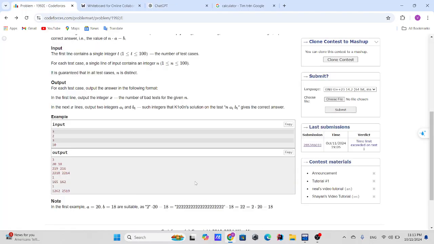The number of bad test cases for the given n. I think the size of n is super important. I'm thinking about it. 2 here, 2 here.